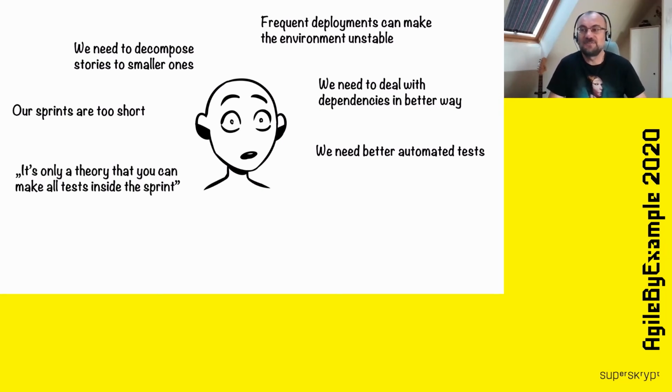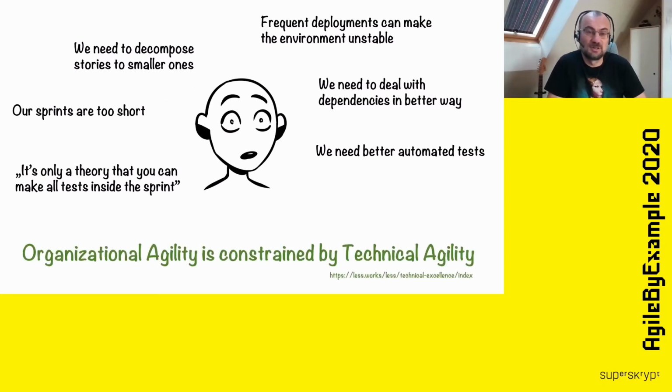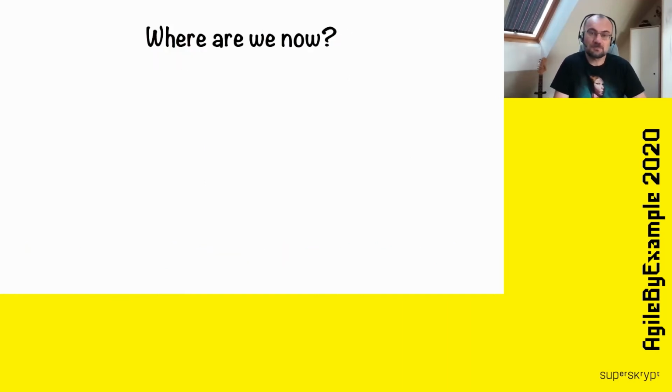Yeah, there is such a theory that you can do all the testing in the sprint, but in practice, it never works. So during this, we really experienced the truth behind the sentence that I read some time ago on some page about LeSS framework, that our agility is constrained by technical agility, by the ability to decompose the stories, by the ability to make frequent deployments, by the ability to write automated testing together with development.